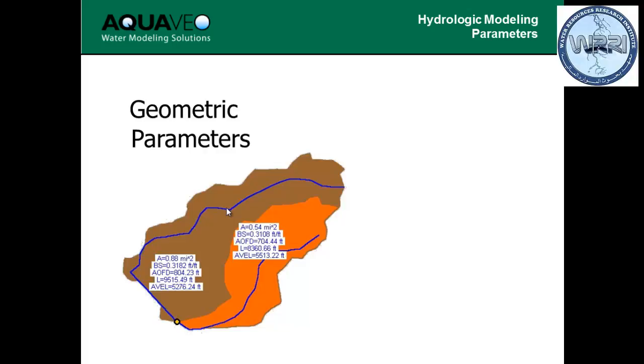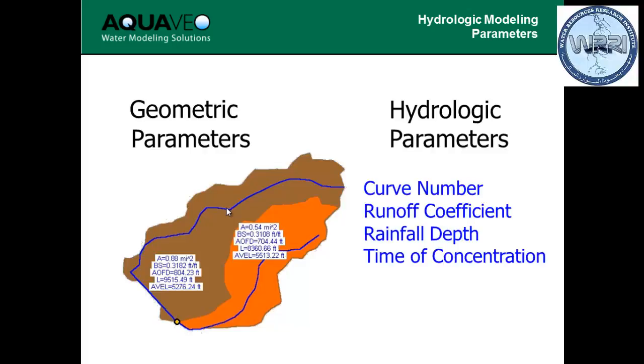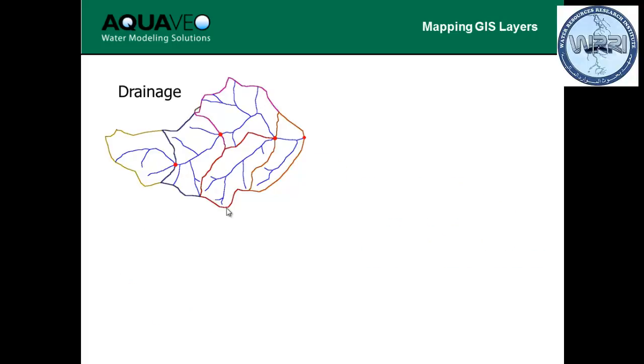So we know how to compute geometric parameters, but what we need to learn is how to compute hydrologic parameters: curve number, runoff coefficient, rainfall depth, and time of concentration. To compute your curve number and other hydrologic parameters, you first need a drainage coverage. And you know how to get a drainage coverage because you just delineate a watershed using map-based or DEM-based delineation, and you have a drainage coverage.